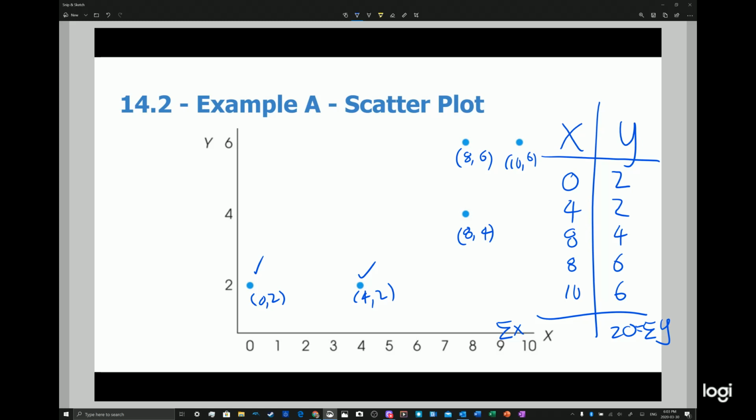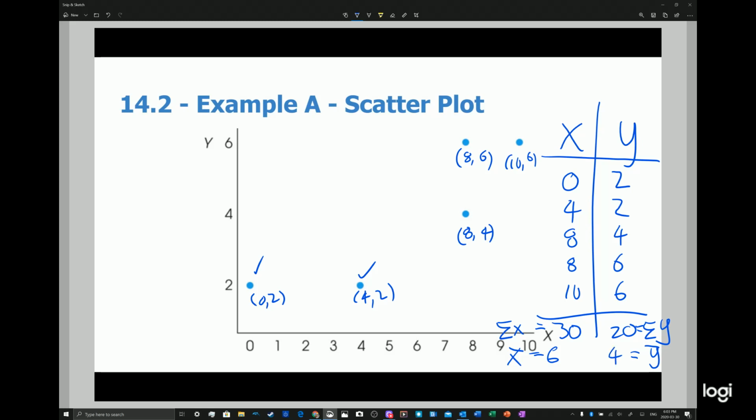Here it looks like 16. Here's 20 again. 30. And so you can get the mean from this, x bar and y bar. So here, it's 30 divided by 5, that's 6. Here, y is 20 divided by 5, that's 4.